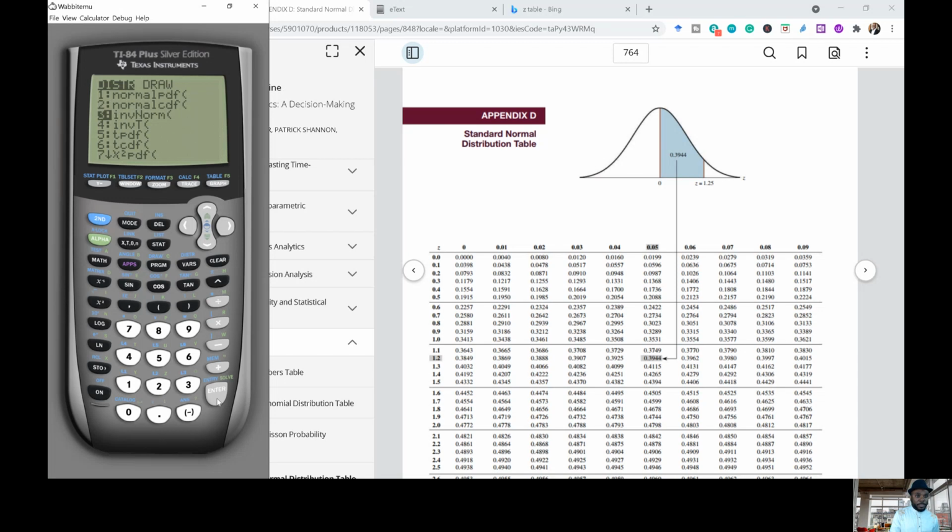You press enter. Now, what's the area? 0.95. We're dealing with a standard normal distribution here. So just press enter several times. And that gives us 1.645, to 3 decimal places.